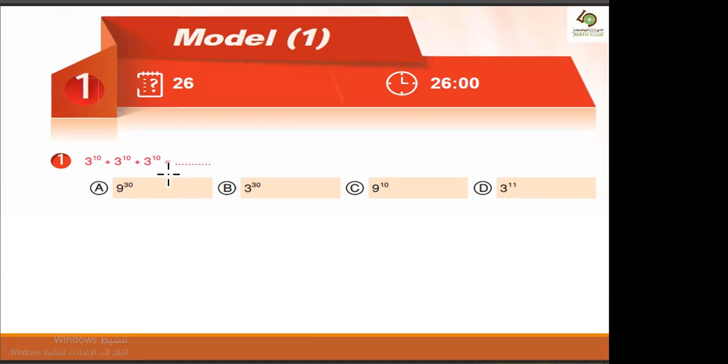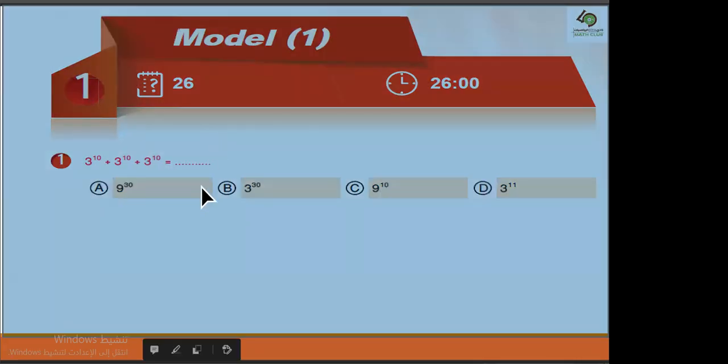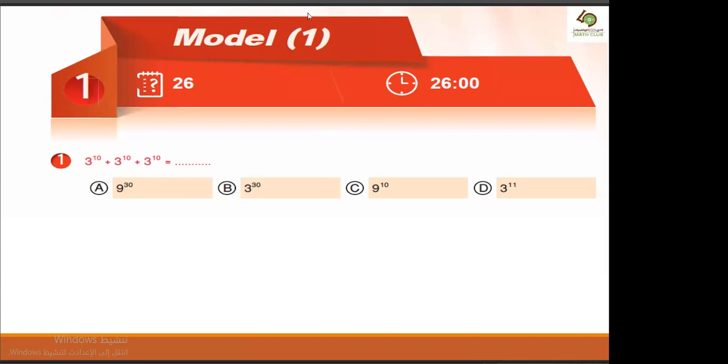Look here. When you see addition, you can't add the exponent. When you have multiplication on the same base, like 3 to the power 5 times 3 to the power 7, then you can add the exponents.